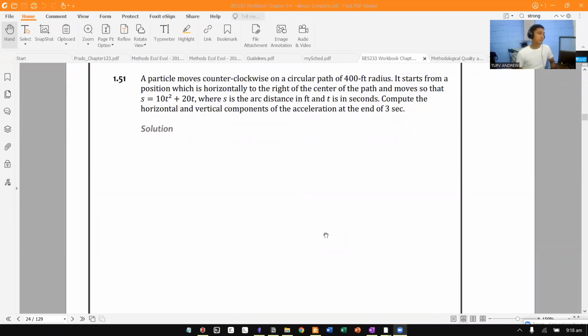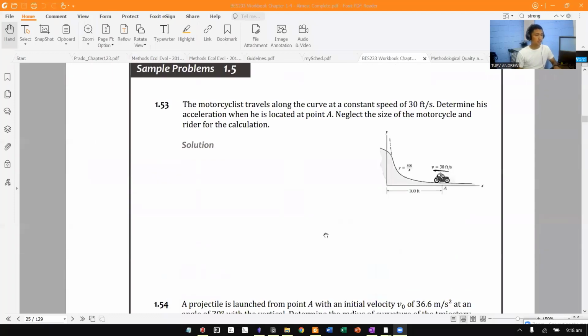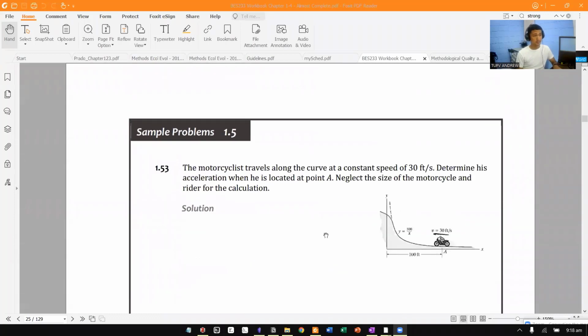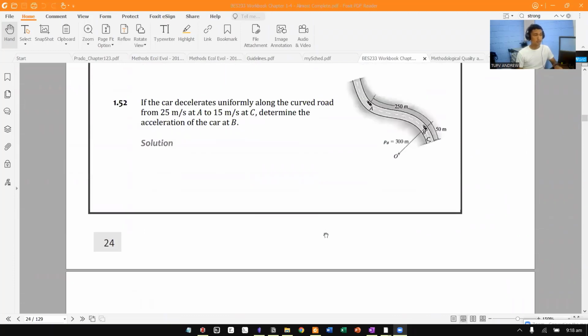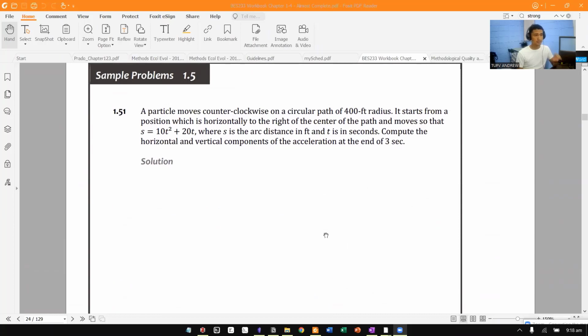So first problem. This is a theoretical problem because this is not actual, unlike the others. So we start with something that is very impractical, abstract or theory. The particle moves counterclockwise on a circular path of 400 feet radius.